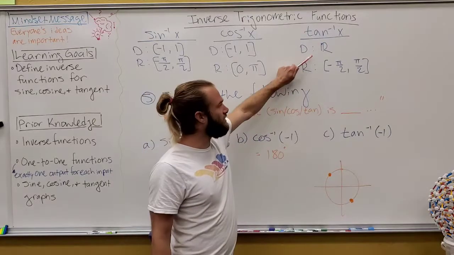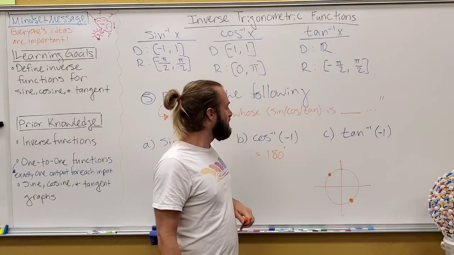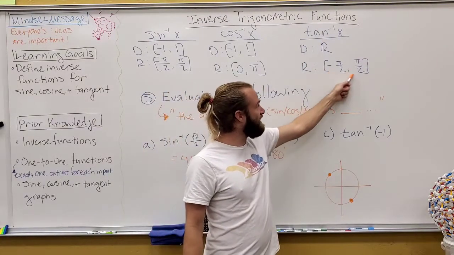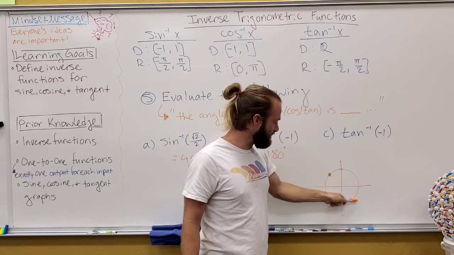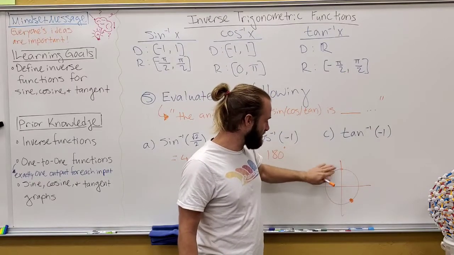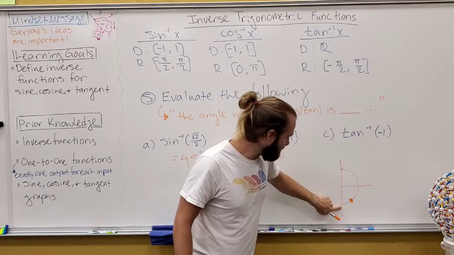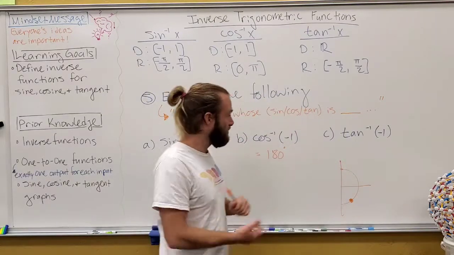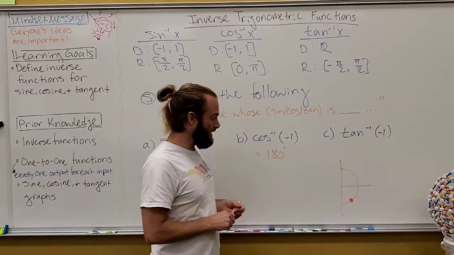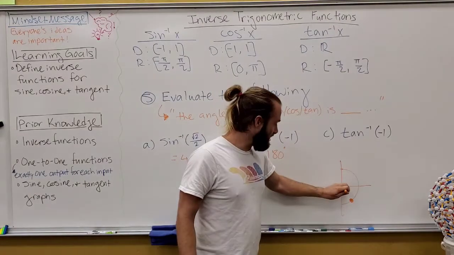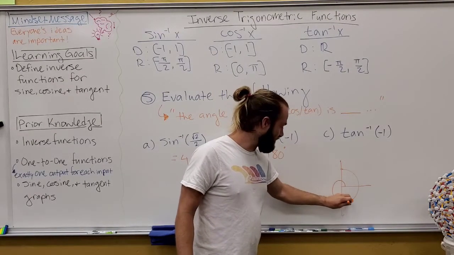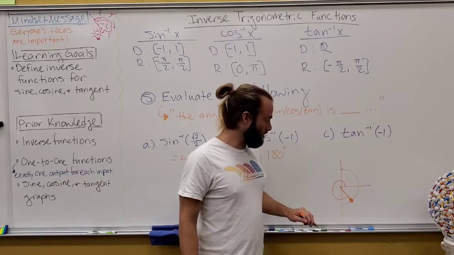We have to remember what we came up with here, right? It's only defined from negative pi halves to pi halves when we cut it, which is over here. So actually this whole thing, when I'm evaluating tangent inverse, basically can be ignored, right? So what angle is that? That is the angle that goes all the way around and then 45 degrees more here.